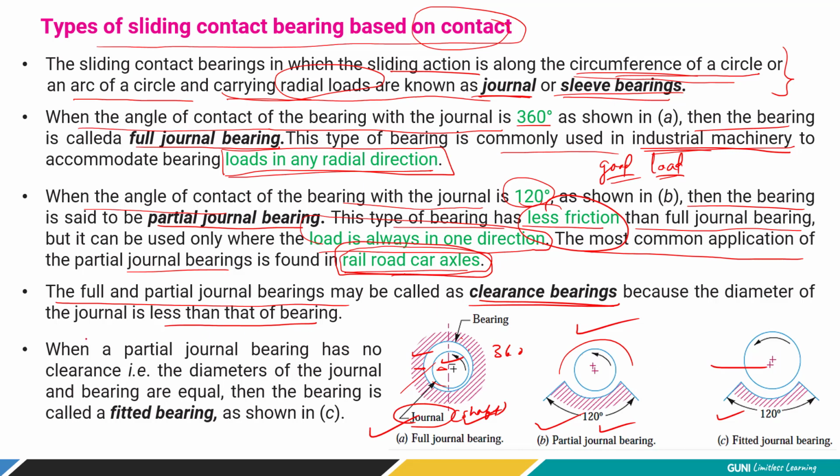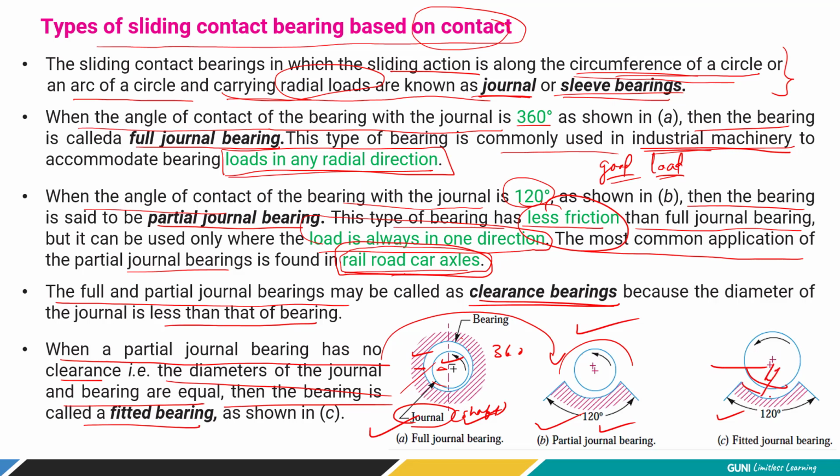Now the third one: when the partial journal bearing has no clearance, that is, the diameter of the journal is equal to the bearing, then the bearing is referred to as a fitted bearing, as shown in figure C. What does it mean? Both the diameters are equal, this radius and this one.